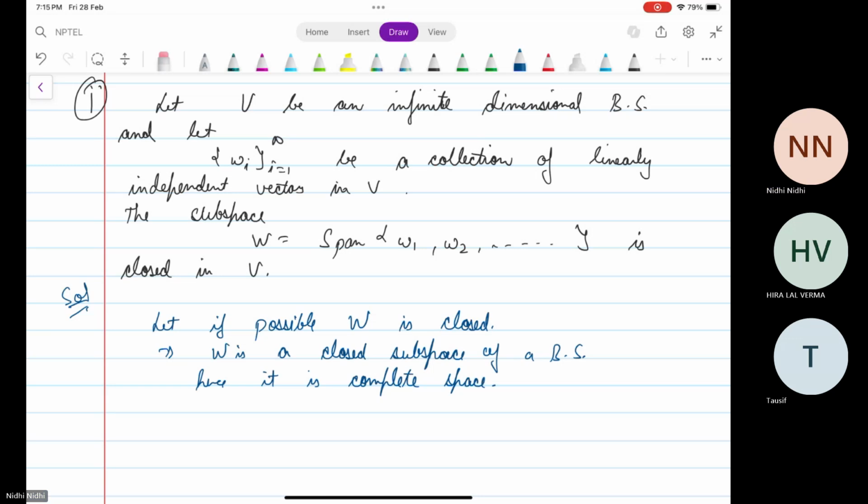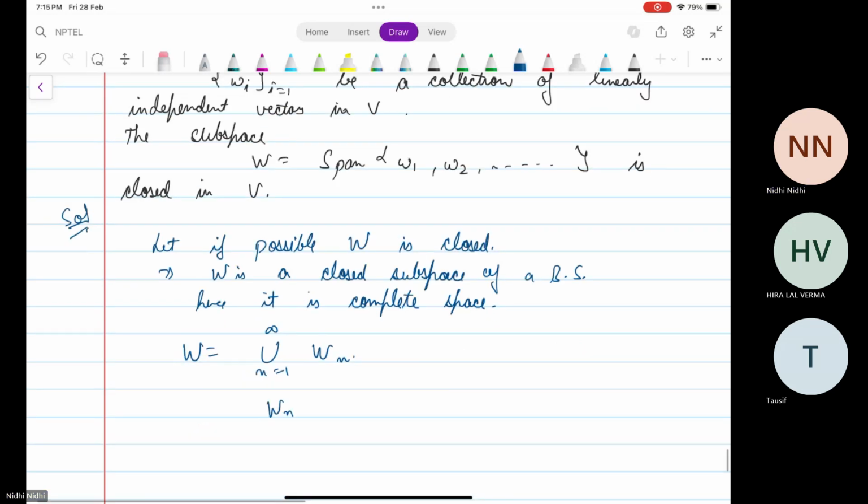Also, we can write this W equal to union n from 1 to infinity Wn, where Wn is span of W1, W2 up to Wn.